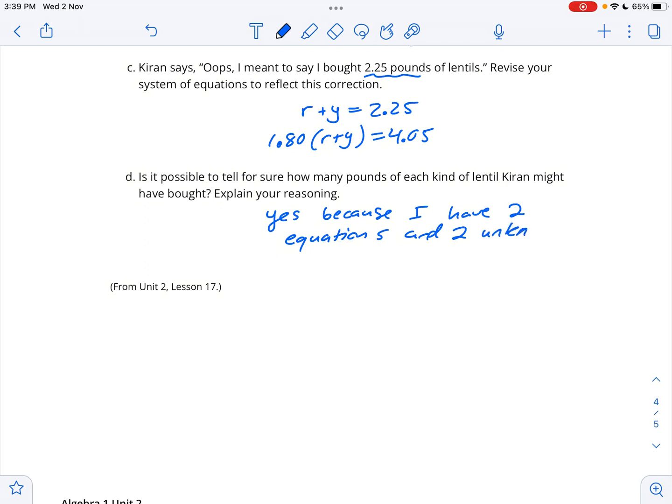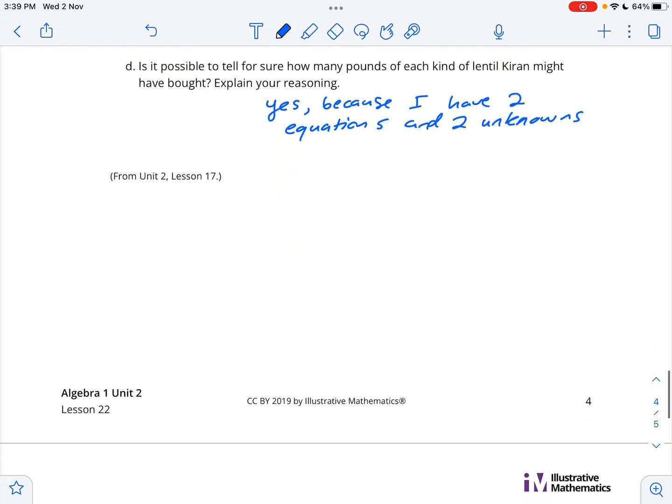And if you've got two variables, you can figure out what they both are if you have two distinct, two different equations. So that would be the case in this one. And it doesn't actually ask you to solve it, so that's all we have to write there.